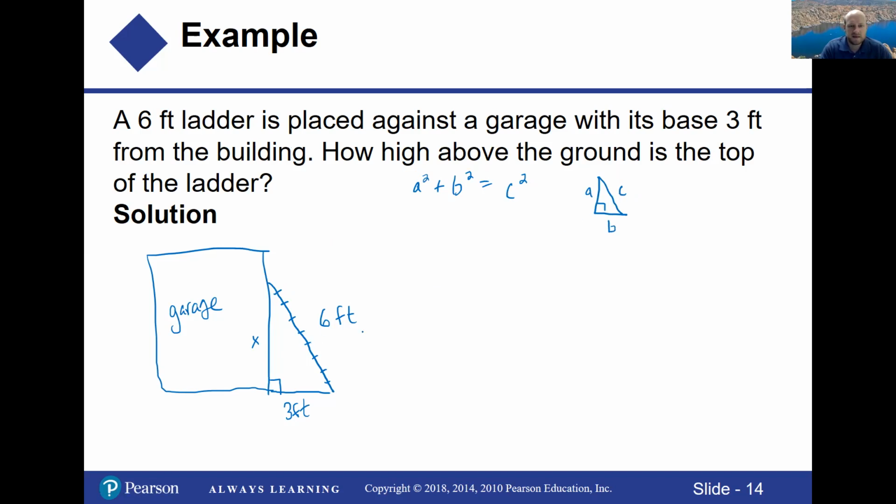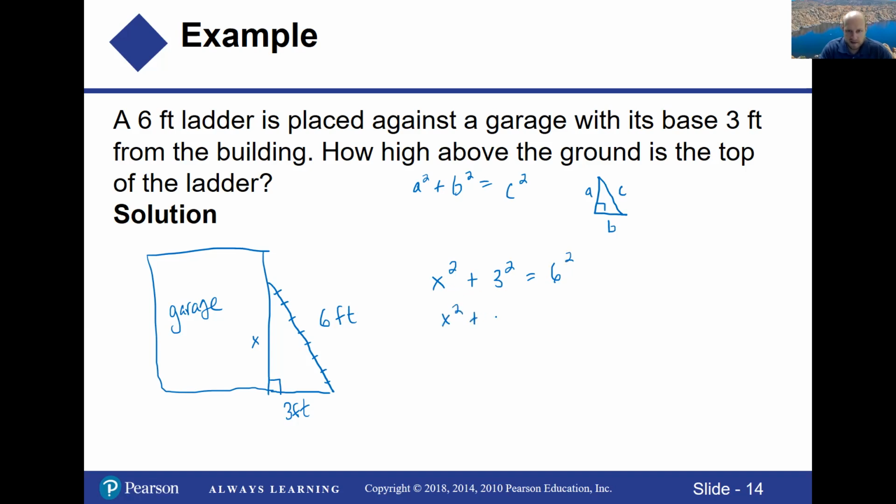So here I would say x squared plus 3 squared is equal to 6 squared. Your hypotenuse is always opposite the right angle, the 90-degree angle, and the squares of the two sides add together to equal the square of the hypotenuse.